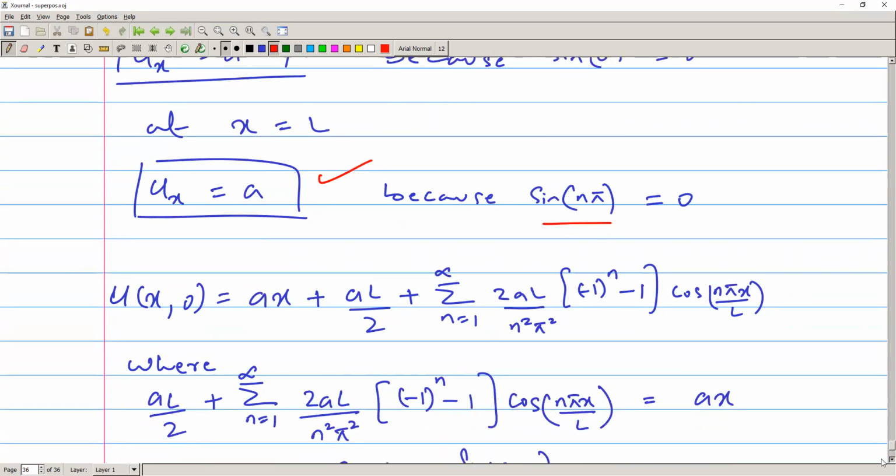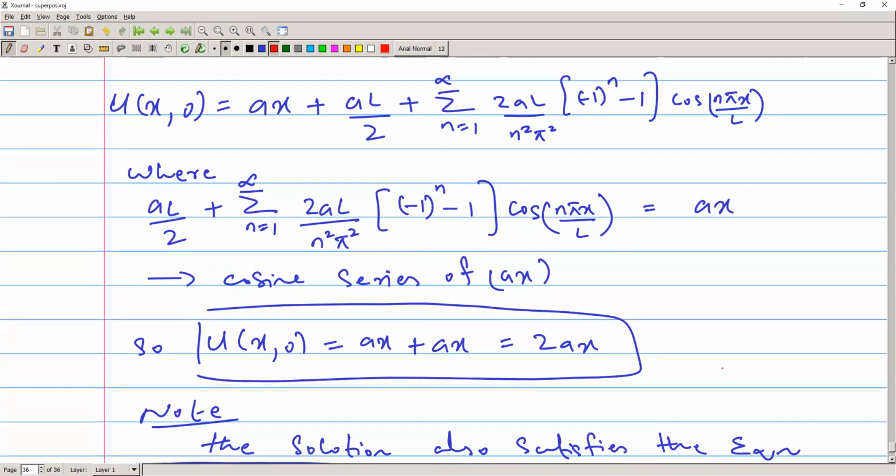Now we will satisfy the initial condition. So we are given u of x comma 0 is equal to ax plus al over 2 plus this summation. And at t equal to 0, e to the power 0 is equal to 1, so we are left with only ax plus al over 2 plus summation 2al over n square pi square times negative 1 to the power n minus 1 cosine n pi x over l.